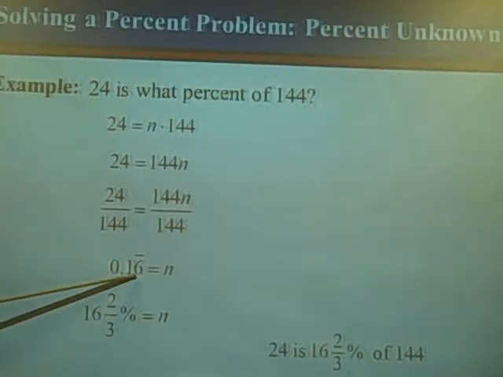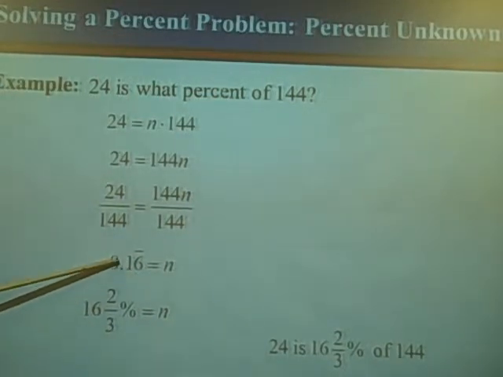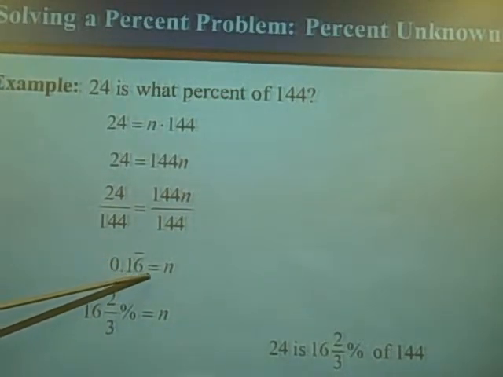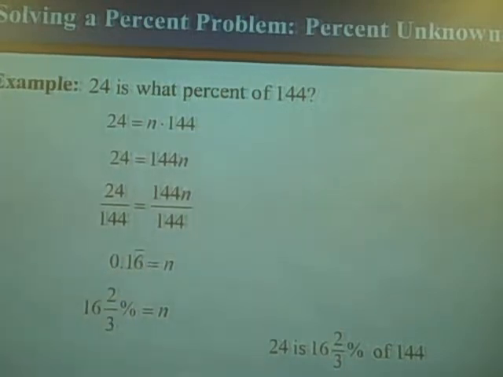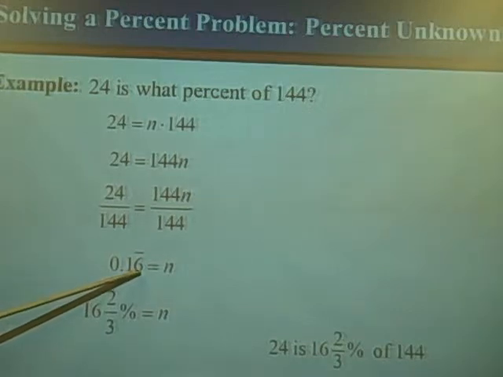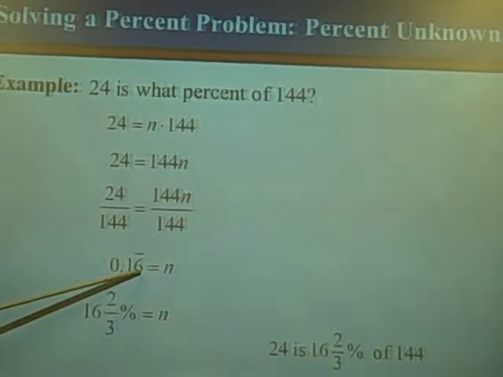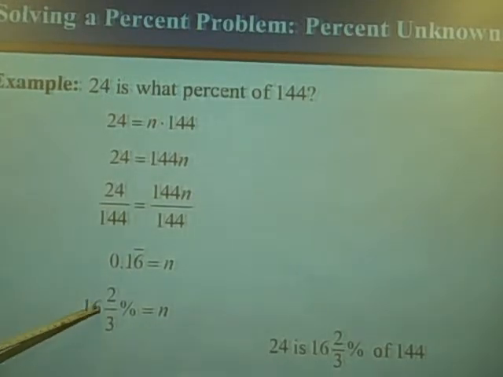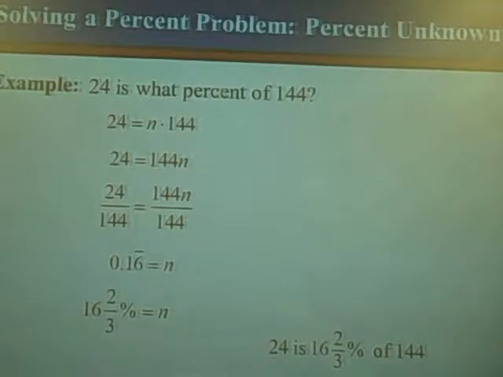We don't want percentage as a decimal, we want percentage as a percentage, right? So we've got to move that decimal point 2 places to the right. And so that would be 16. Now 0.6 repeating is 2/3. 0.3 repeating is 1/3. So this would be 16 2/3%. Okay? 0.6 repeating is 2/3.